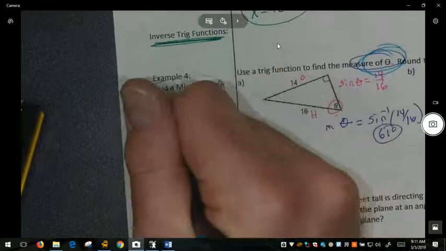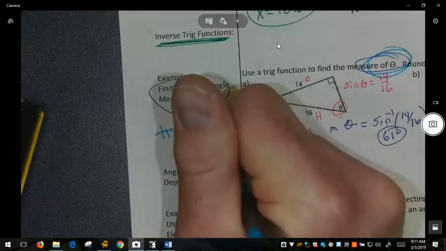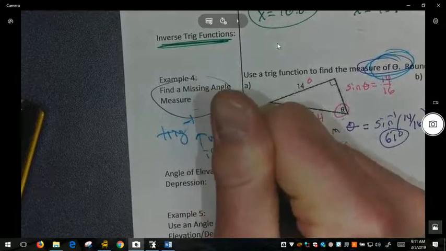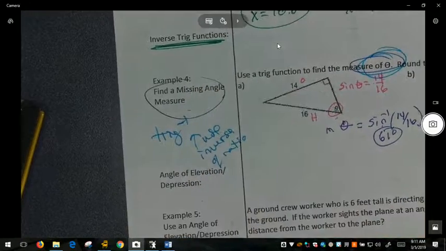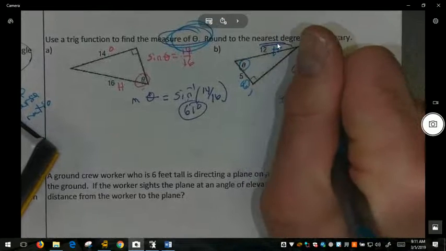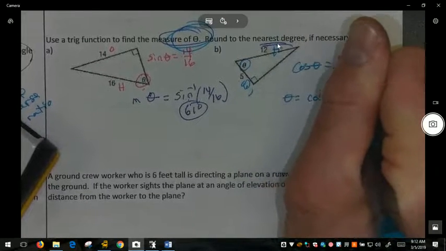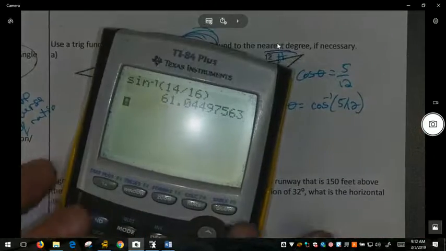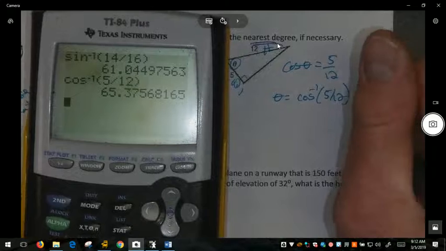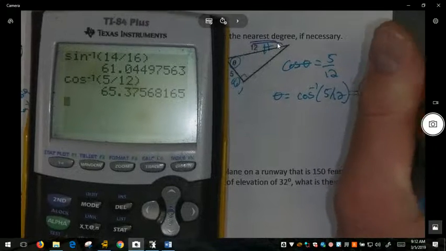If you want to find the angle, you have to use the inverse. Use the trig inverse function of the ratio. So theta will equal cosine inverse of 5/12. Second cosine inverse of 5/12 is 65 degrees to the nearest degree.